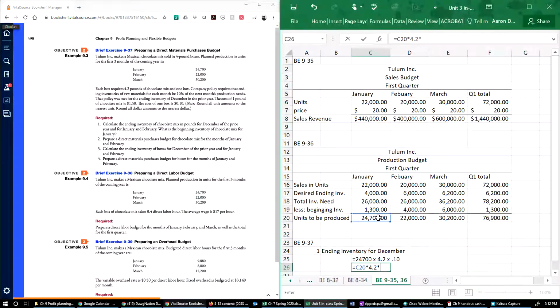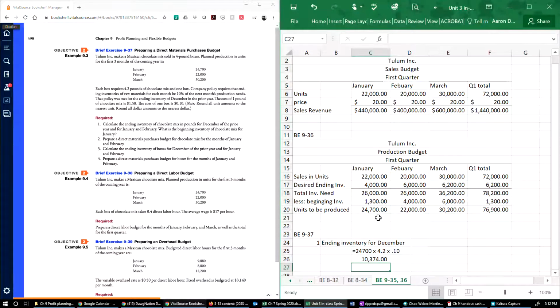All right, 10,374, and that's pounds of chocolate mix. Then it wants the same thing for January and February, so we'll do that in similar vein.